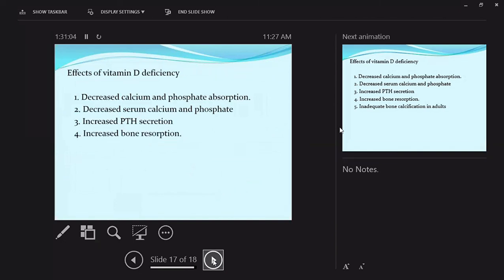Because what happens if you have vitamin D deficiency? Lack of calcium, hypocalcemia, inadequate bone calcification in the adults.